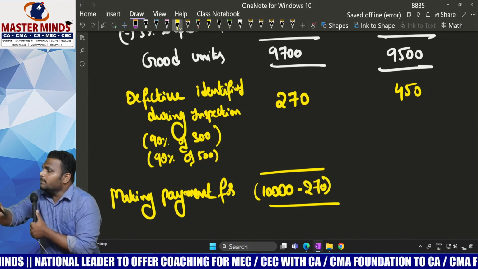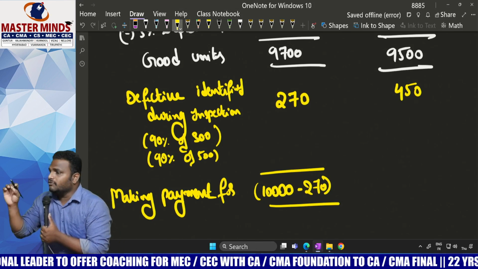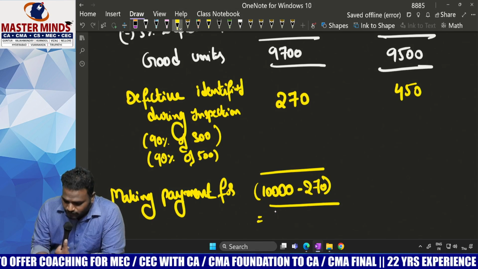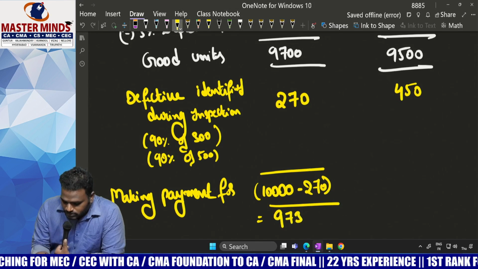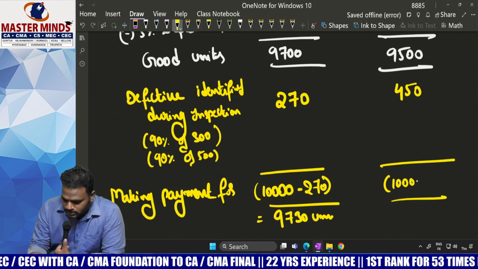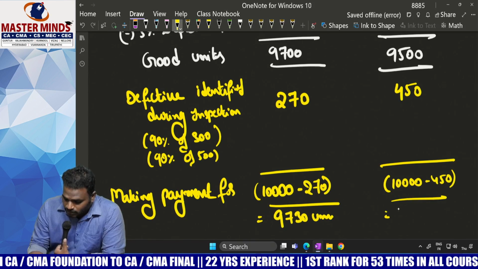We will not make any payment for the defective units identified. I am observing that only 270 are my defective units. Now, we will make the payment for how many units? 10,000 minus 270, 9,730. Here, 10,000 minus 450, 9,550.